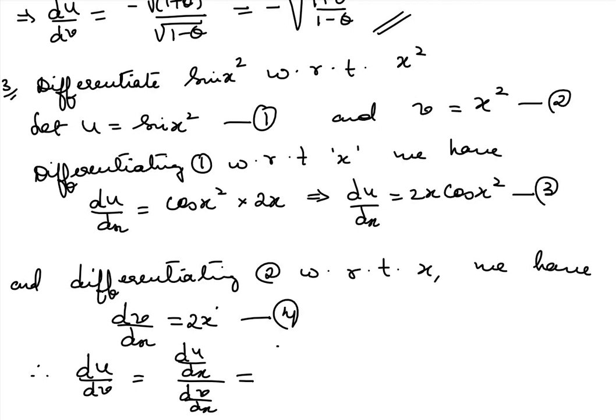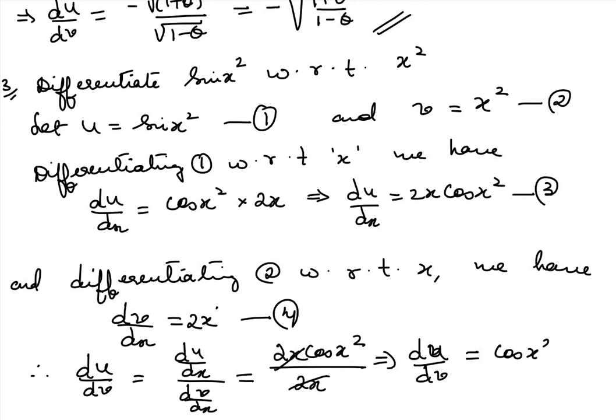Du dx gives you twice x cos x square divided by dv dx from equation 4, which is 2x. So this and this can be cancelled. So finally the derivative of sine x square with respect to x square is equal to cos of x square. So hope it is clear now how to differentiate one function with respect to another function, and also how to differentiate the inverse of trigonometric function.